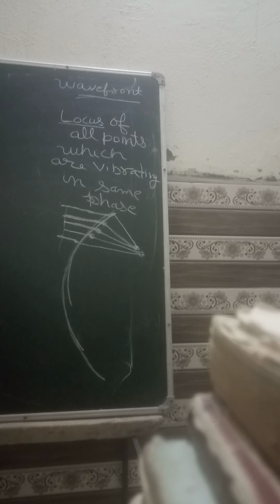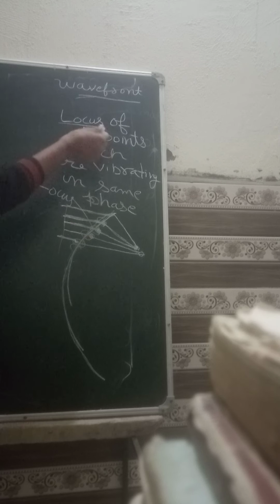Similarly, in a wavefront, when the waves are coming and some points are marked, suppose these are the points, these points are known as the locus. All these points are going to vibrate in the same phase.